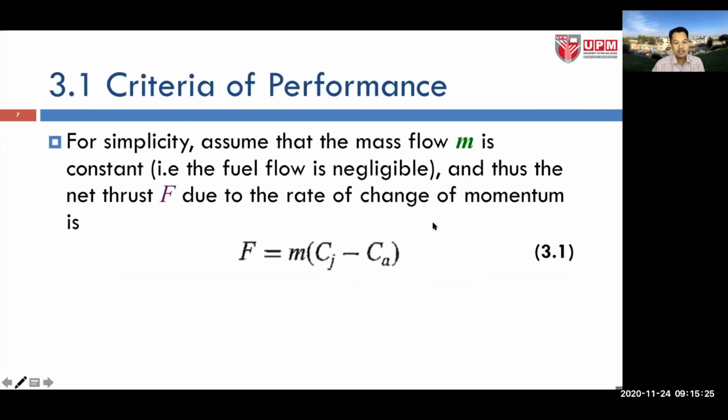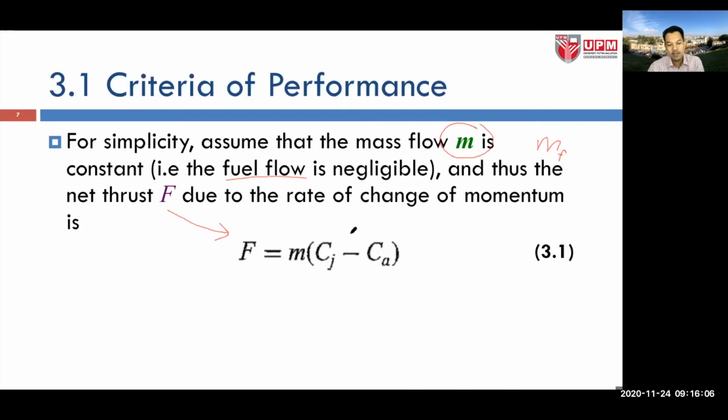For simplicity, we assume the mass flow is denoted by m, or m dot. Some other texts use m dot, but for this lecture we are going to use m, where we assume that the fuel flow is negligible. So basically mf is negligible in our calculation, and thus the net thrust F is equal to the rate of change of momentum.